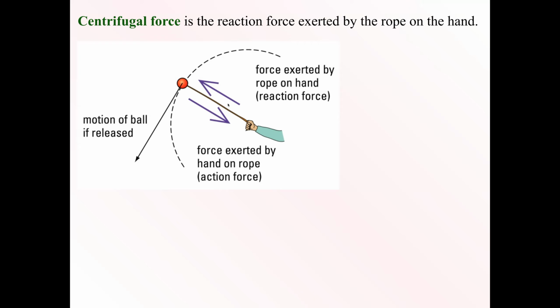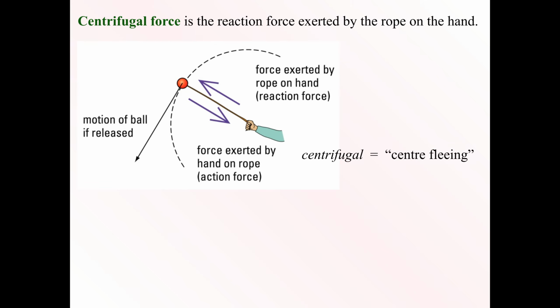We have a force exerted by the rope on the hand, pulling it out, and then a force exerted by the hand on the rope that's moving the actual ball. The motion, if you release the ball, changes depending on at what point you release it.